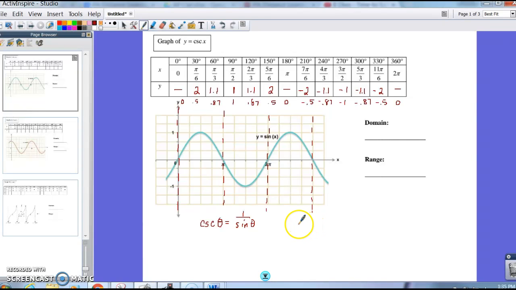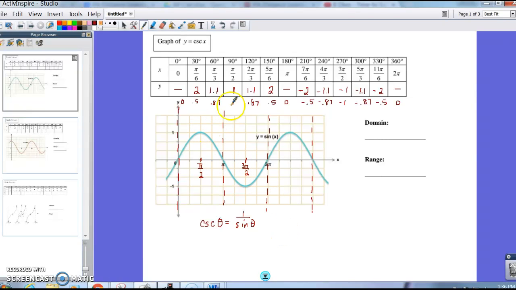Now let's plug in some numbers here. I know that at 90 degrees, that's going to be right here. This is pi over 2, and this is 3 pi over 2.